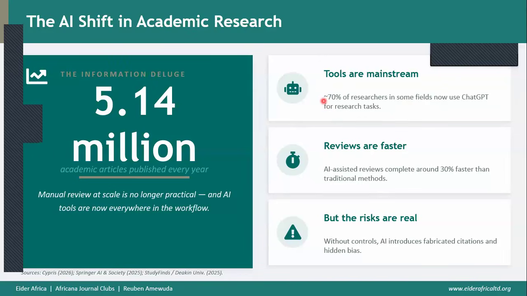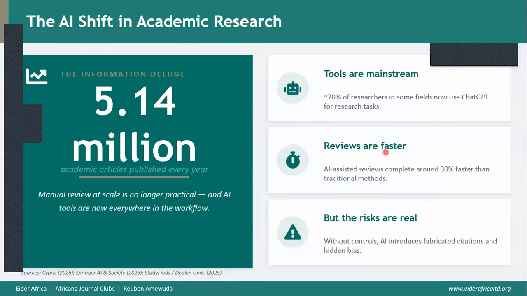So approximately 70% of researchers, like me and you, are using ChatGPT for their research. Some are using Claude AI. Some are using Gemini. Some are also using SciSpace Assistant. Some are also using Research Rabbit and other ones. But the popular one they use more is ChatGPT.